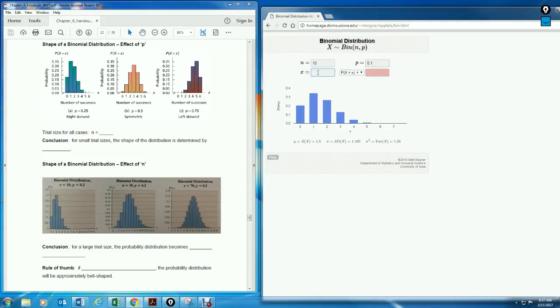So I can put in x equals 1 and calculate the probability of it being greater than or equal to 1: 0.794. That's exactly what we had just calculated. In part C, we had calculated the probability of at most 1, so less than or equal to 1: 0.549, exactly what we had just found.